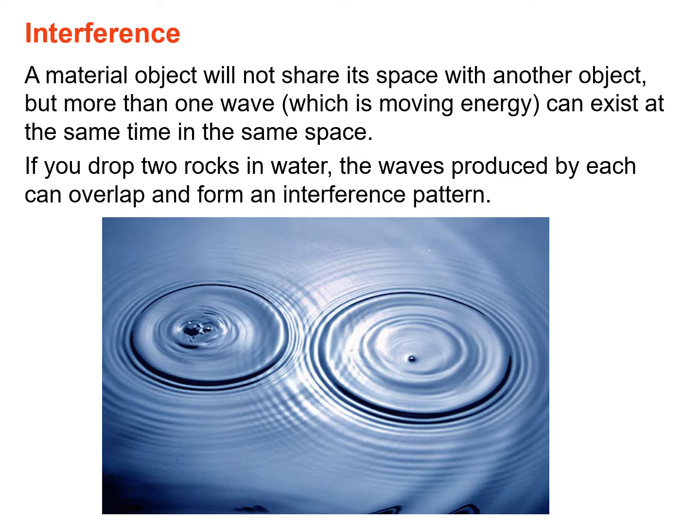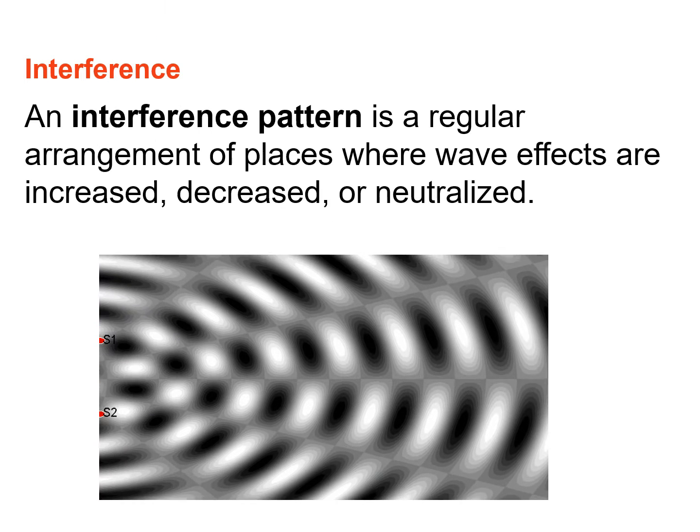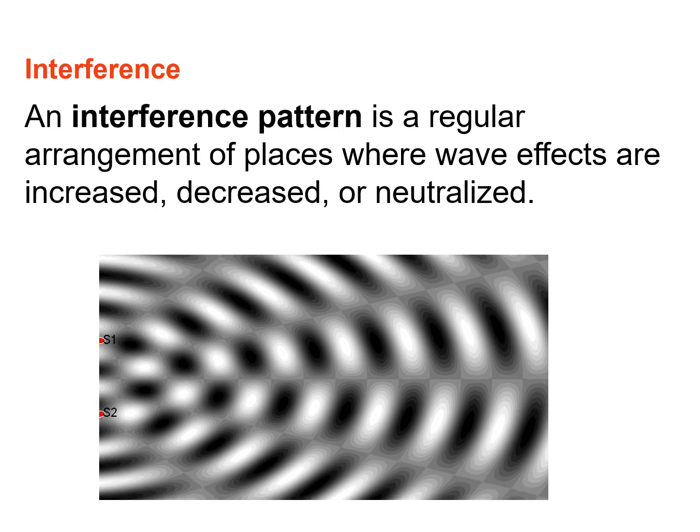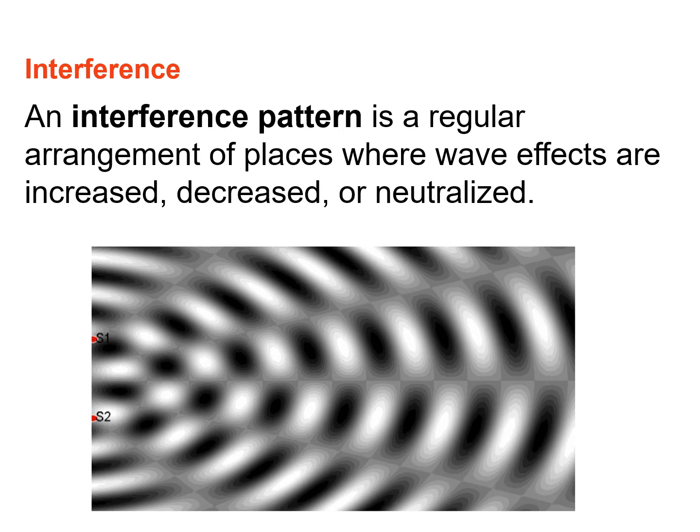So waves can overlap, and that overlapping is what we call interference. When waves overlap, they can make interference patterns. These regular appearances of light and dark, for example on the screen here, are the result of two waves that are overlapping at the same places and times.